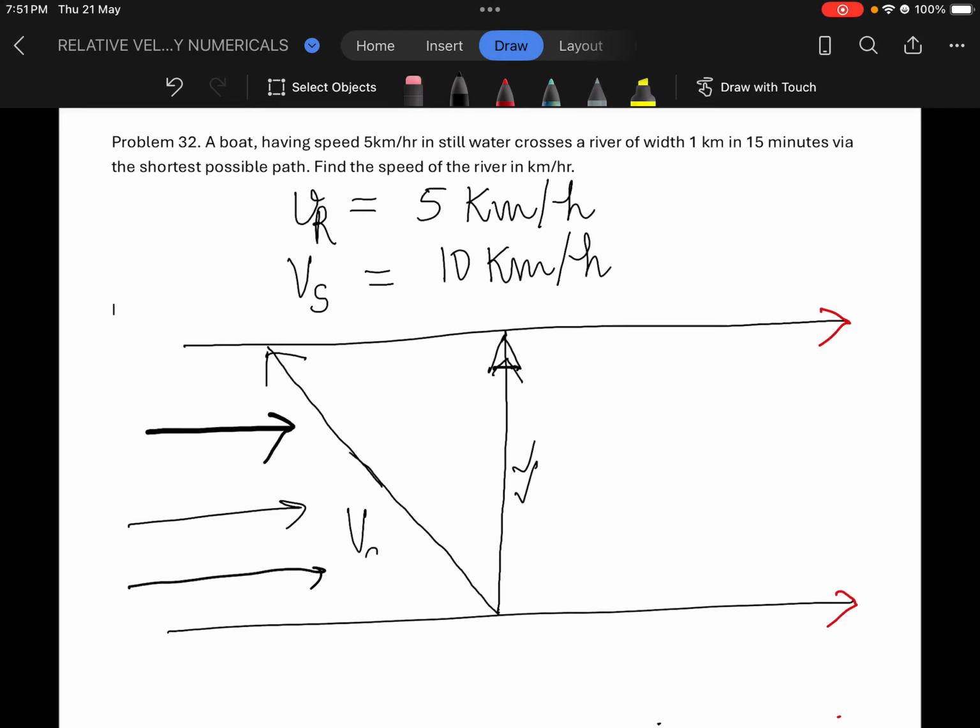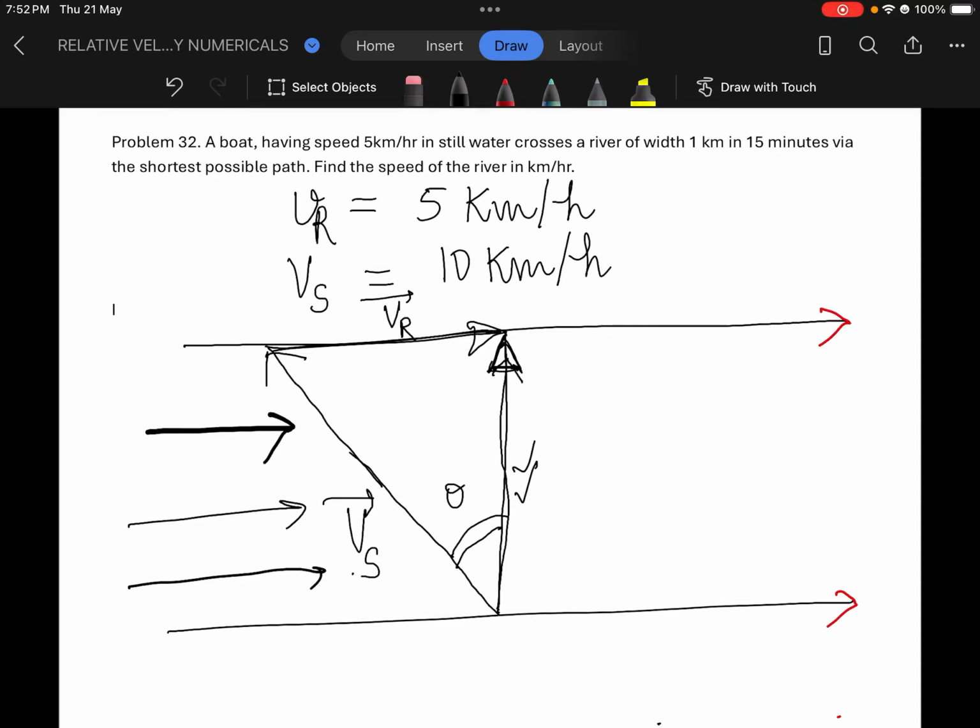So see here, this is the direction of Vs. This is the direction of VR. Under the influence of Vs and VR, his ultimate direction will become along this, which is the shortest path. So you have to find this angle. At what angle should he swim?